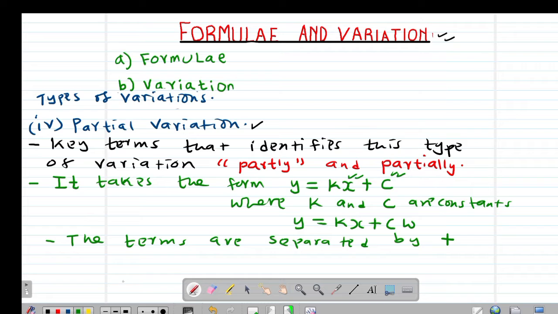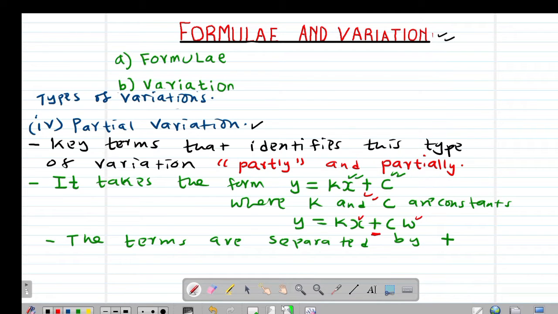For example, in the first case we have a plus separating a variable x with a constant. Then in the second case we have two variables, x and w, whereas k and c are constants which are being separated with a positive sign. So that is how we identify a partial variation in a given question.